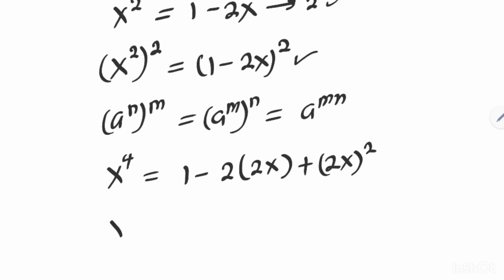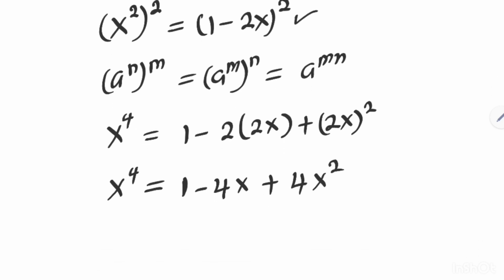Then x raised to power 4 is equal to, if you expand this, 1 minus 4x, that is 2 times 2x, plus 2 squared, which is 4, and x squared. But x squared is equal to 1 minus 2x.